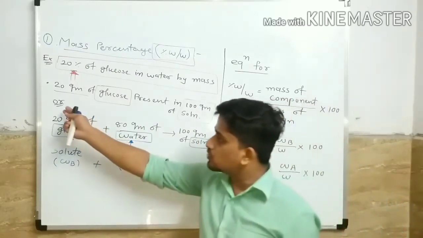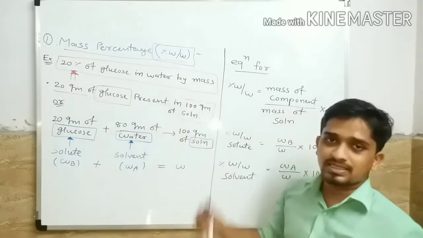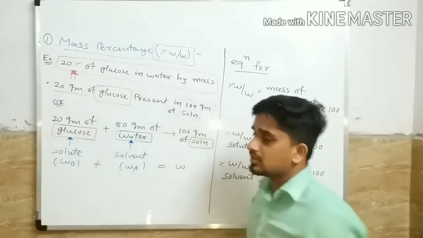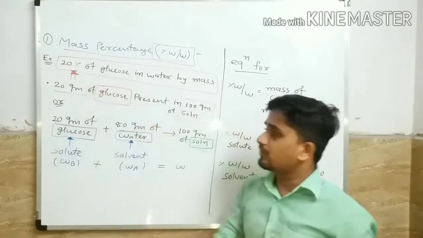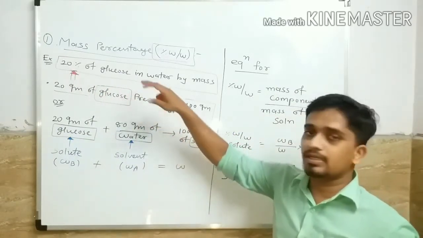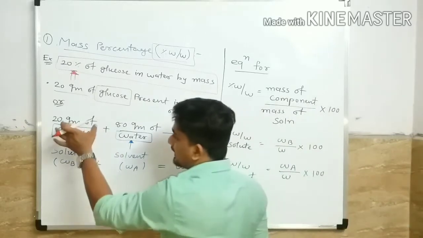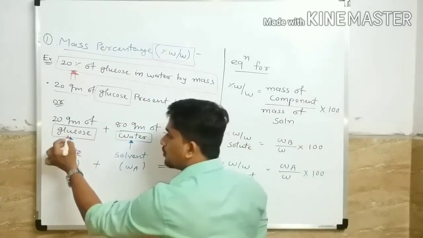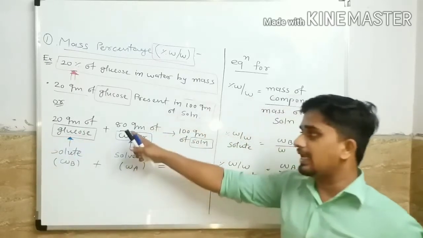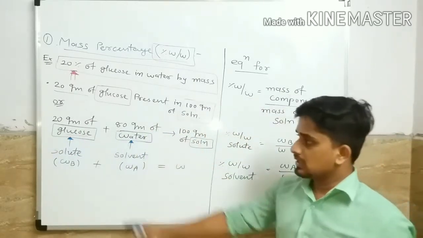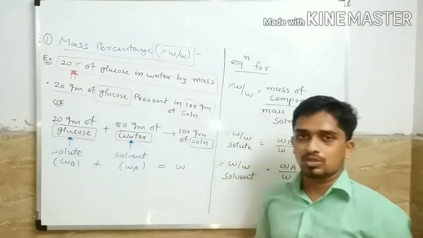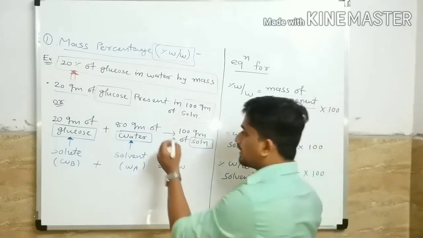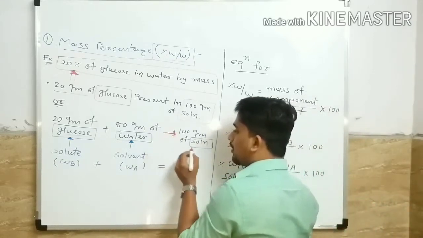We can also understand this sentence in another way: 20 gram of glucose is dissolved in 80 gram of water and gives 100 gram of solution.